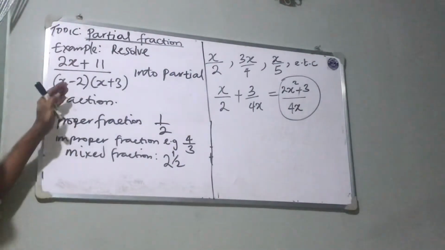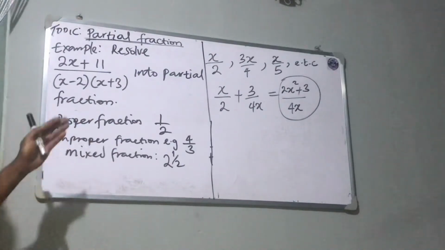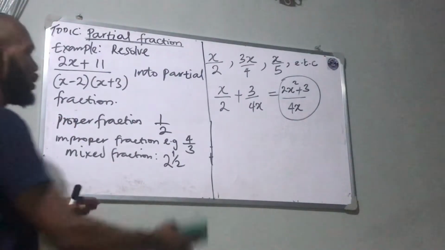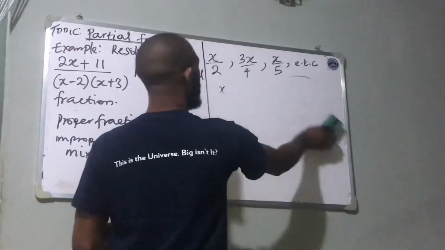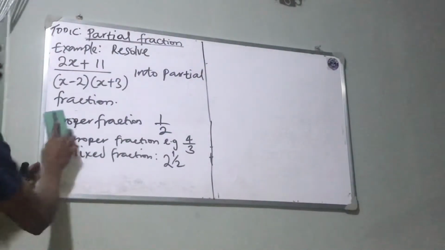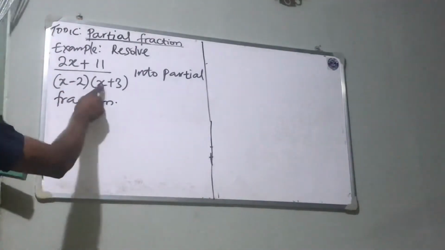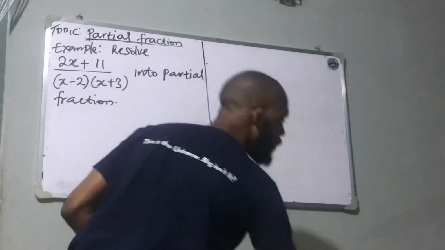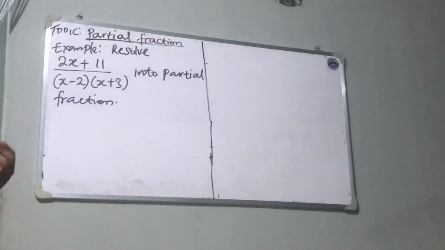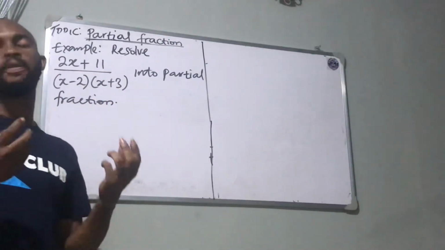We are asked to resolve (2x plus 11)/(x minus 2)(x plus 3) into partial fraction. Of course, first you notice that the denominator here we have just 2 factors. So that's to tell us that for us to resolve this into partial fraction, we have two algebraic fractions.